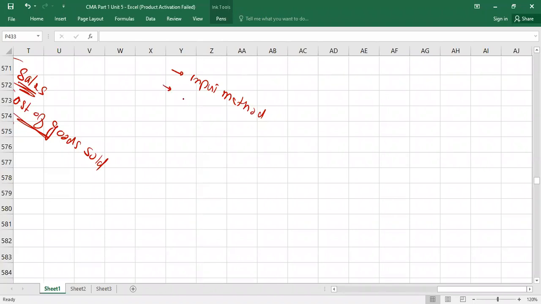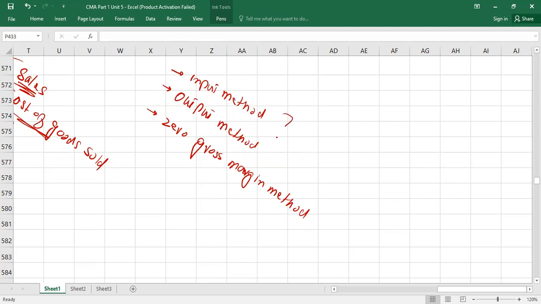The second method we have to study is the output method. The third method is also called the zero gross profit or gross margin method. So mainly these are the 3 methods we will use to book the revenue.